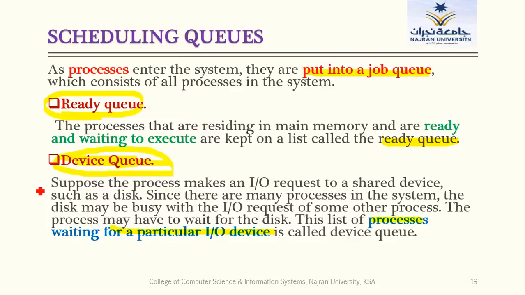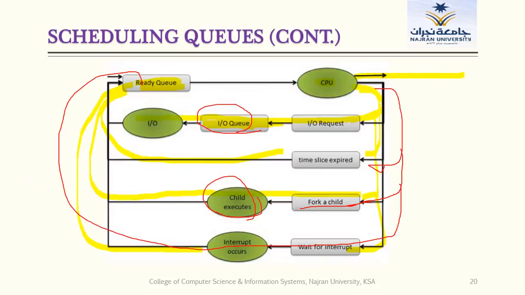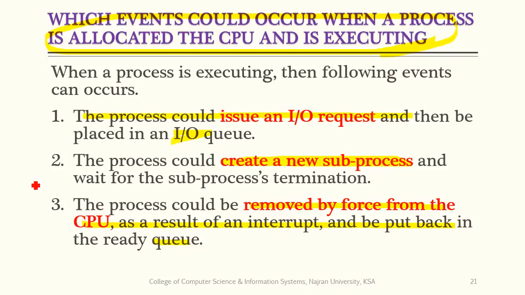We have two different types of queues, that is the ready queue and the device queue, and we discussed the diagram. Then which events could occur when a process is allocated to the CPU and is executing. We said maybe during execution it issues an IO request, and due to this request it is put into the IO queue or device queue.